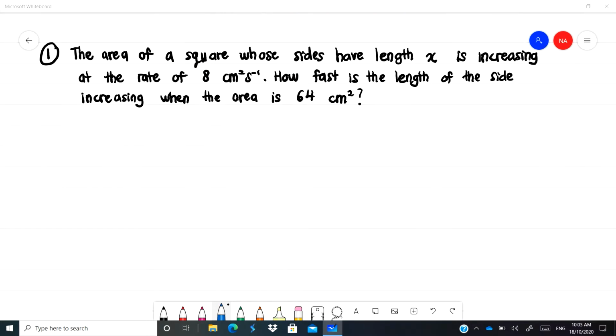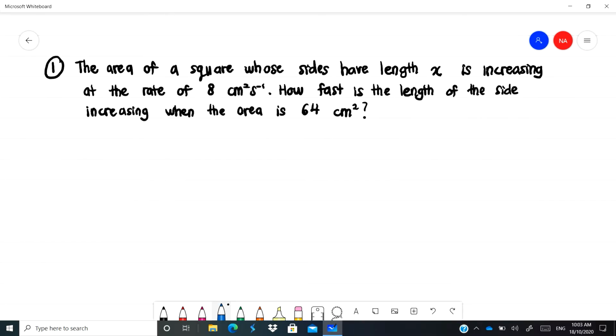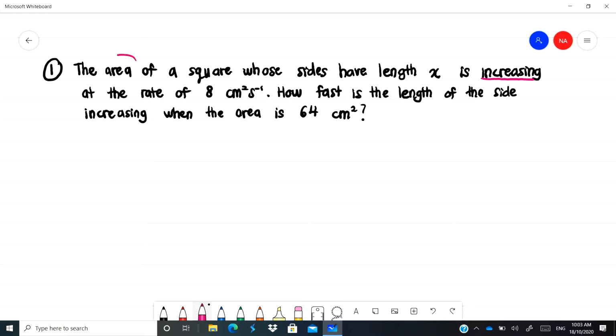So to illustrate the related rate, let's look at some examples. We have the first example here. The area of a square whose sides have length x is increasing. So what is actually increasing here? The area. Read the question carefully. The area is increasing at the rate of 8.